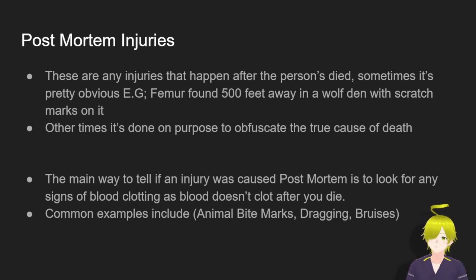Basically, you look for histamines, which is just the hormone for an immune response, basically. Whenever an injury happens, histamines usually get sent out pretty quickly, and you can use that more or less to tell when an injury happened and if the person was still alive for it.